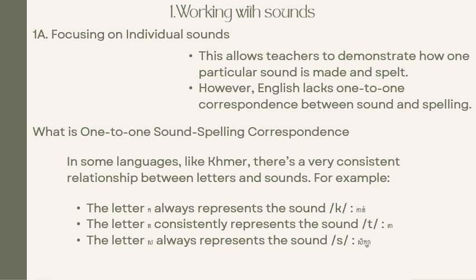The sound T is represented by the letter T in Khmer, and again, this letter consistently makes the T sound, as in ta. Or saw is represented by the letter S, and this letter always makes the sound S or saw, as in saksa.